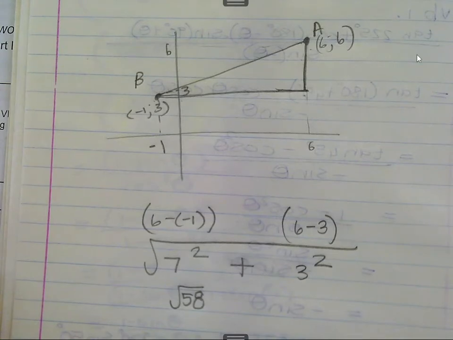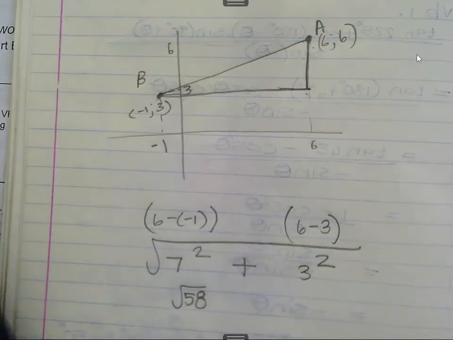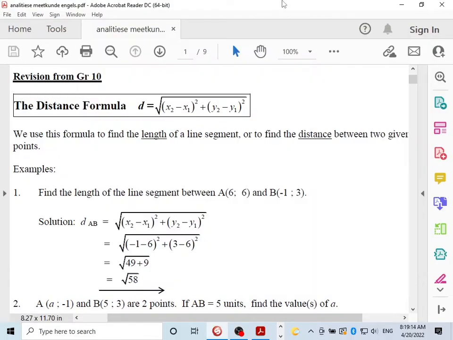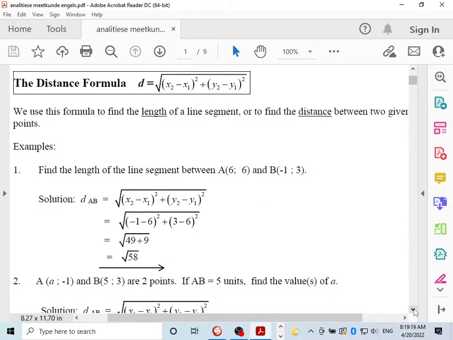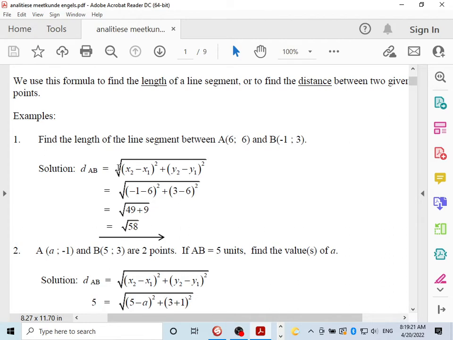Okay. But instead of going and drawing it every time we need to calculate it, we've got the distance formula that says, doesn't matter which x you start with, né? A or B. You take one of the x's minus the other x. But you see here they started with B's x.